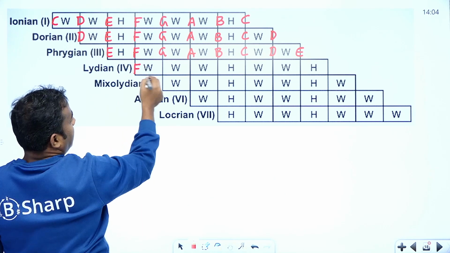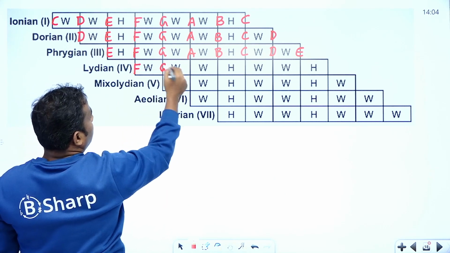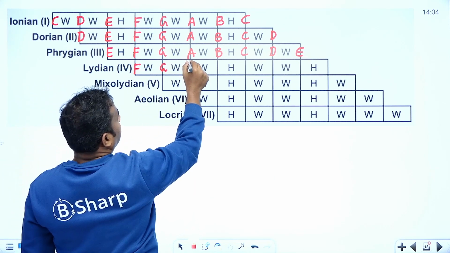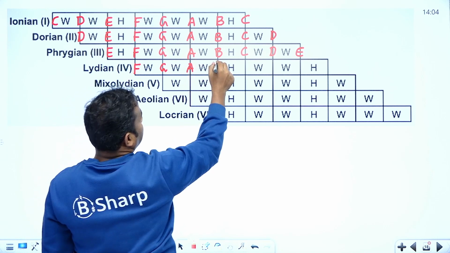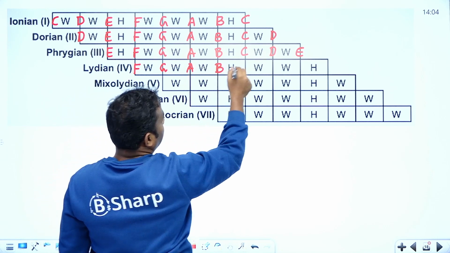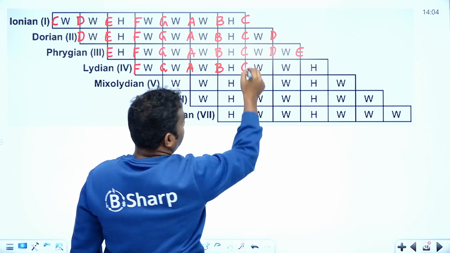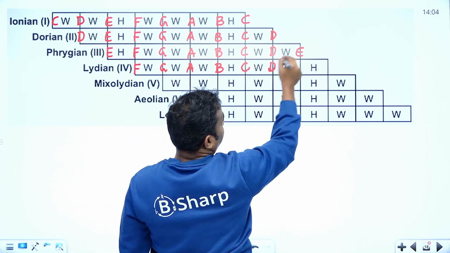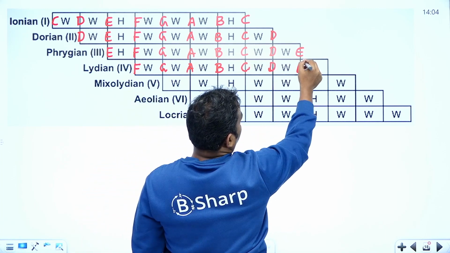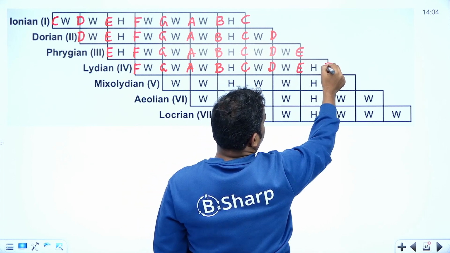So Lydian is F. From F to G is a whole note, and again here it is another whole note, then here it is a whole note, the B. From B to C is a half note, from C to D is a whole note, from D to E is a whole note, from E to F is a half note.